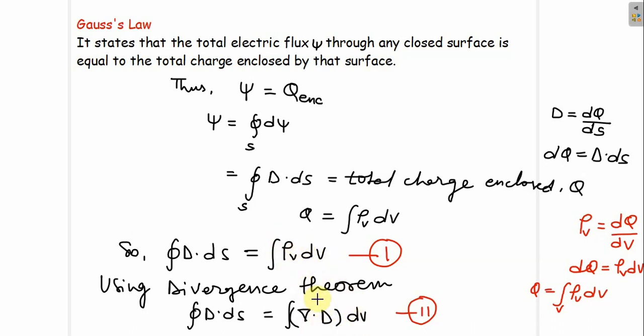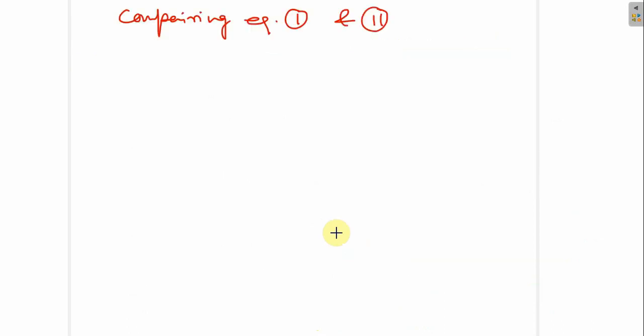So if we compare, this rho v will be equal to del dot D. So comparing equation 1 and 2, we have rho v equal to del dot D.